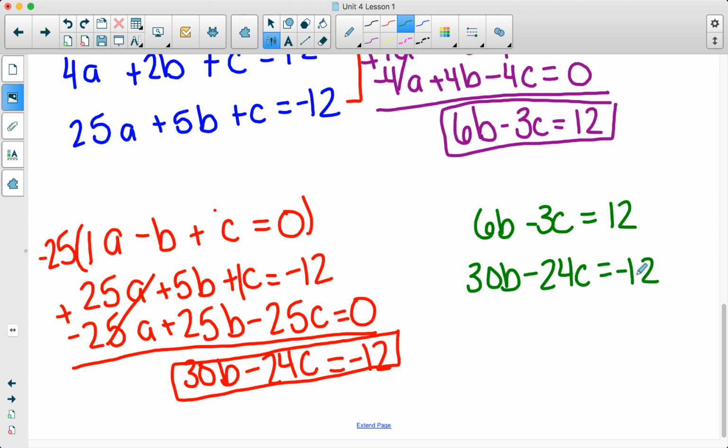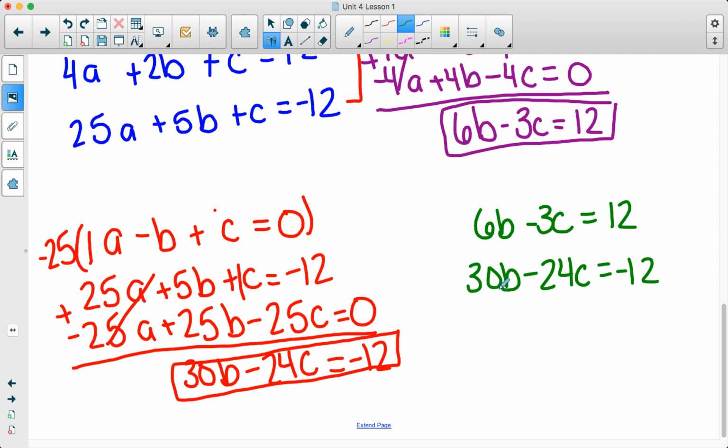And now what I want to do is try and get rid of b or c. Again, you can choose whichever variable you want to get rid of. I think I'm going to go ahead and get rid of the b's first. So I've got 6b here and I've got 30b on the bottom. The number that these two have in common is 30. 6 divides into 30 evenly 5 times. If I want to get rid of b when I add them together, one needs to be a -30 and the other needs to be a +30.